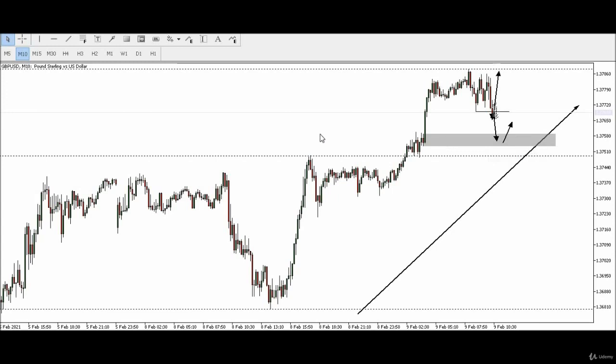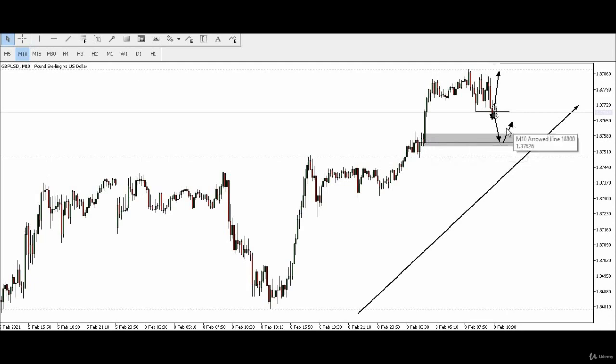And again, if the market goes here, we see small support level here, and like this.